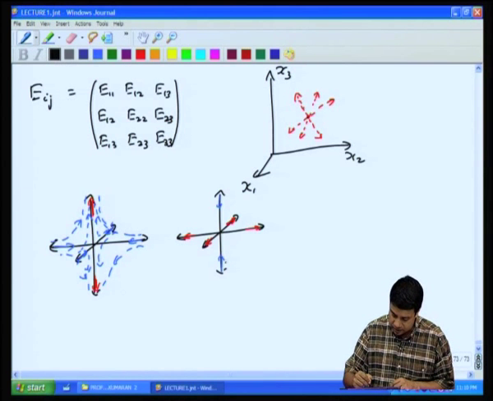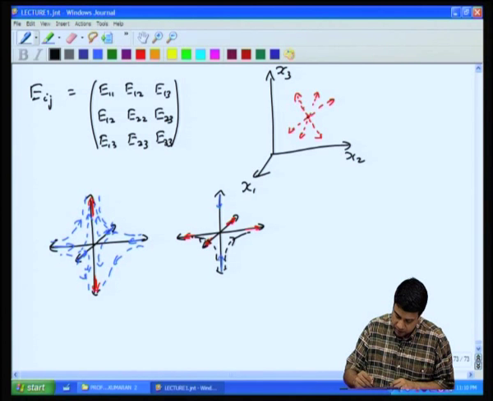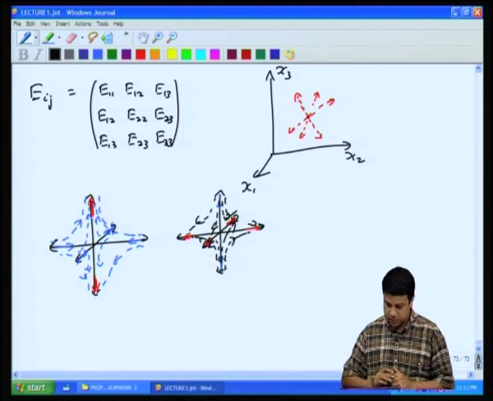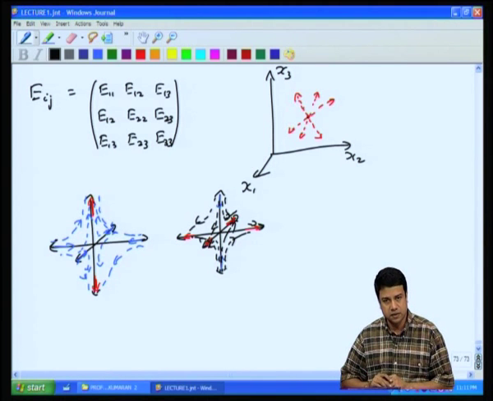So, in that case you will have flow that looks like this. It will come in along one direction and it will flow out along 2 directions.